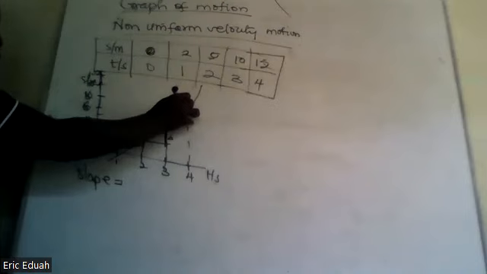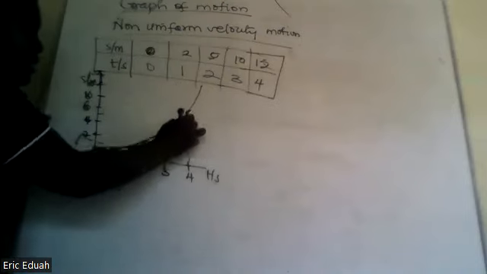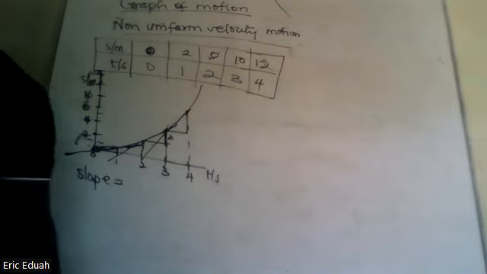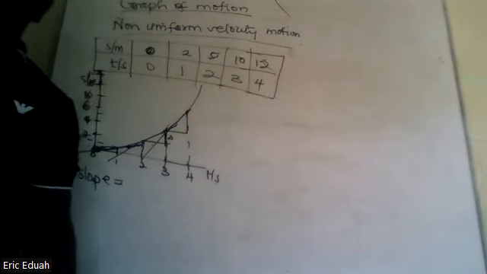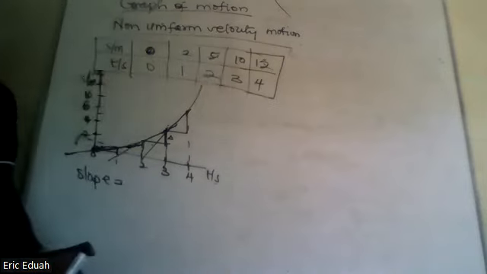I draw a line, a tangent, to find that slope. So you can only determine slope, which is also equal to velocity, within a certain instant, but not for the general situation.